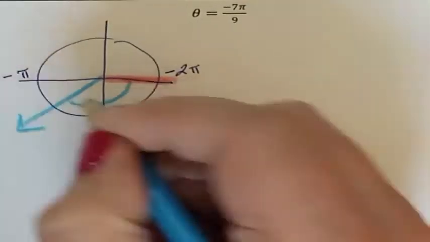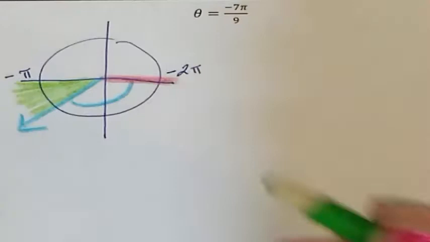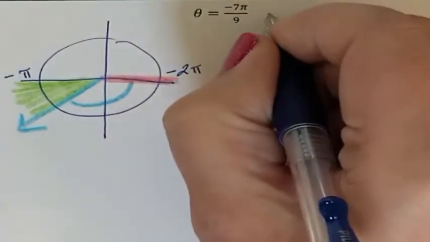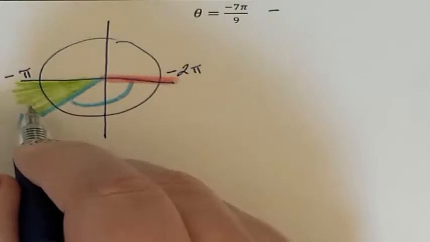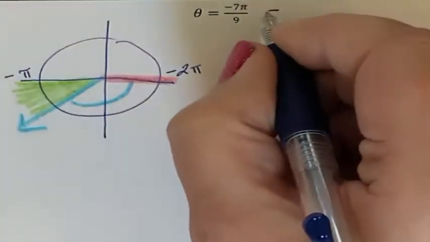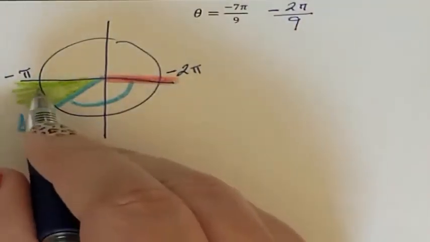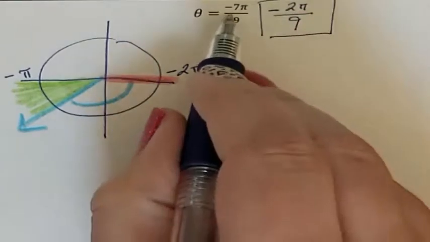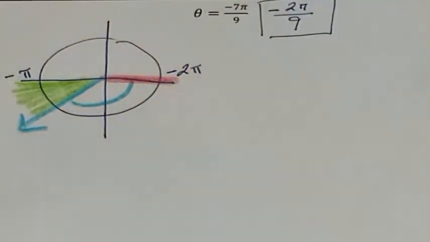It traveled this way. It was 2 more away. How do I know it was really 2 more away? Because I would have needed to go another negative, because we're trying to get here. We're not even a whole one yet. To get to this one, I would have needed to have traveled a negative 2 more of those ninths to get there. So this would have been my reference angle. So if you added these two together, I finally got to the negative pi I was trying to get to.